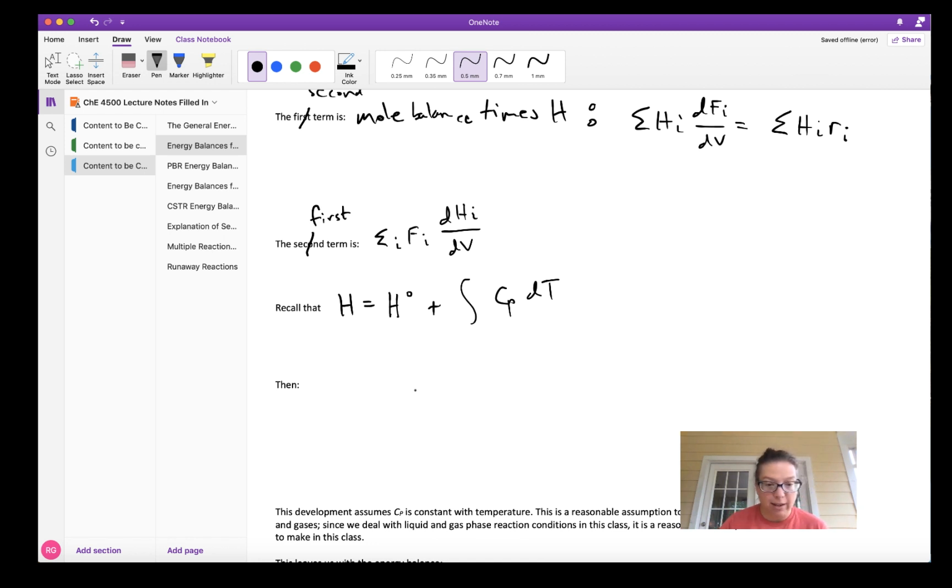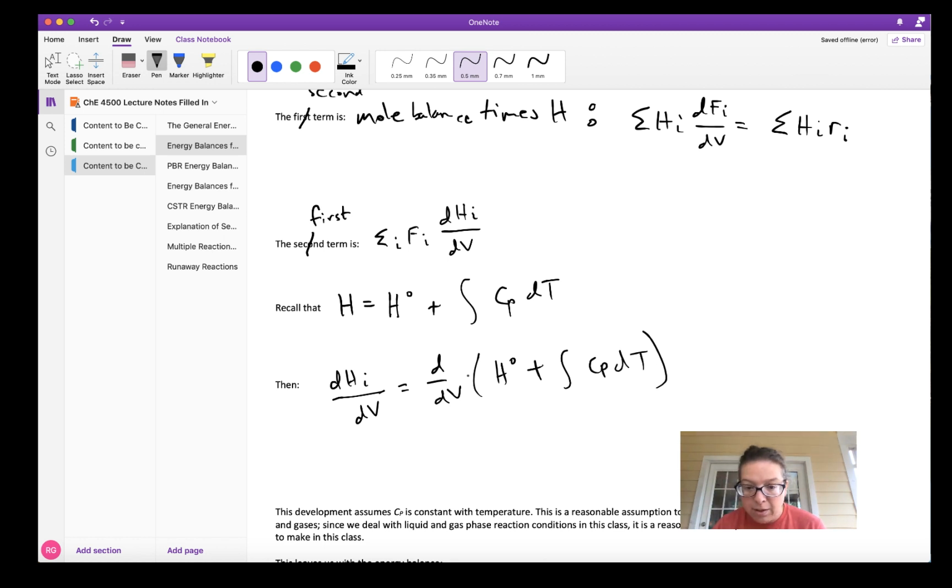If we were to take the derivative with respect to V of this expression, this is just a constant, so its derivative with respect to V is equal to 0.